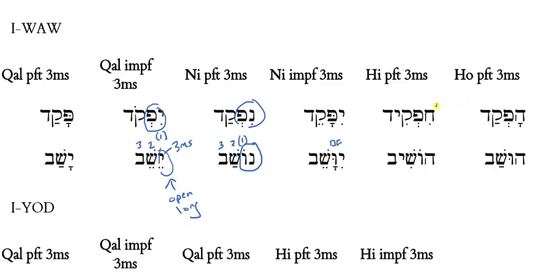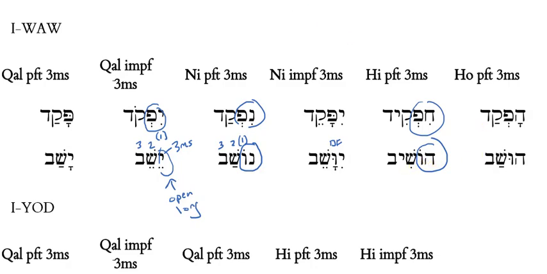Okay? The hifil perfect, hifkid, the hifil perfect of yashav, with that original vav in root 1 position, is hoshiv. Hifkid, hoshiv. Notice I have a prefix hey, just as I had here, but this closes the syllable. My one vav does not close. It's a holem vav, hoshiv.